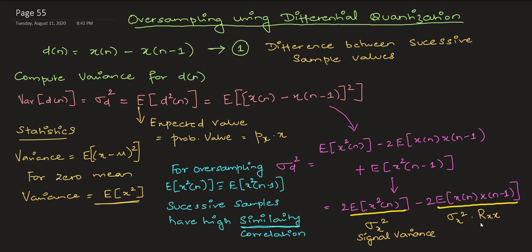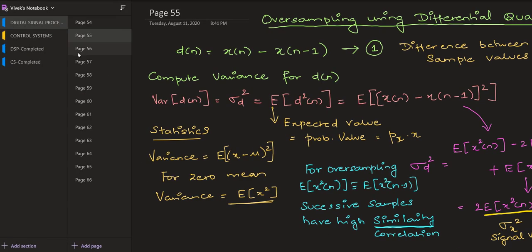With this correlation, sigma d square simplifies to 2 sigma x square minus 2 sigma x square times rxx. Taking 2 sigma x square outside, this is the simplified form of the difference variance sigma d, which is optimal for the performance of the quantizer.